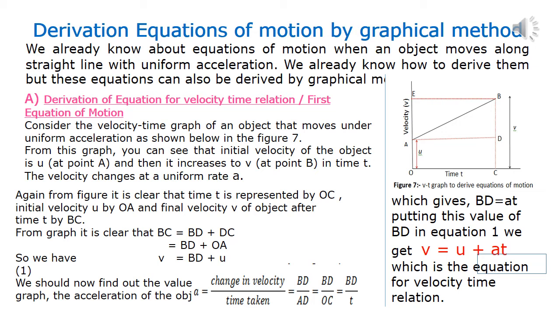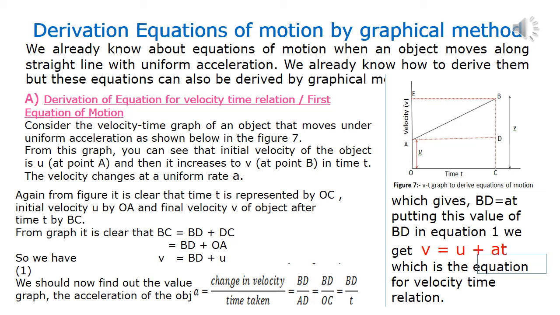So AO is equal to DC, which are the opposite sides of a rectangle, and they are equal. If AO is equal to u, CD is also equal to u. BC was equal to v, so BD will be v minus u. So we can say that v is equal to BD plus u.